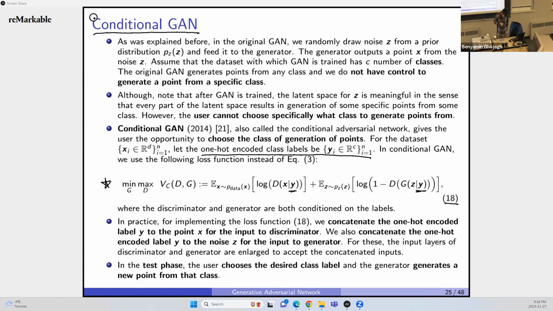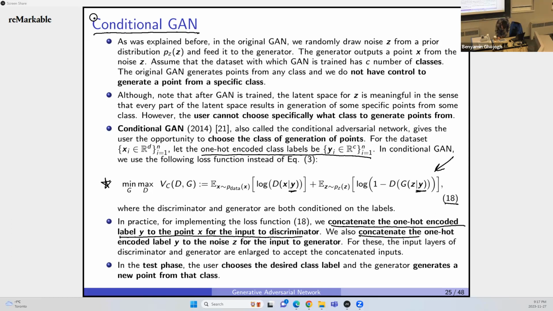So for implementing this, do you remember we input X to the discriminator to say whether it's real or fake? Agreed? It says now concatenate the label at the end of the X and then feed the X and Y together to the discriminator. So we concatenate the one hot encoded label Y to the point X for the input to the discriminator.